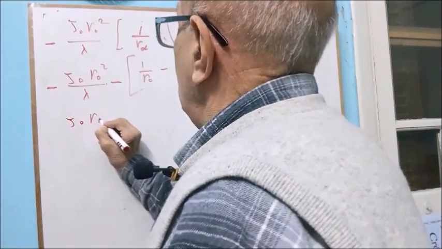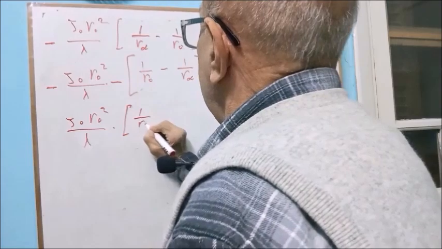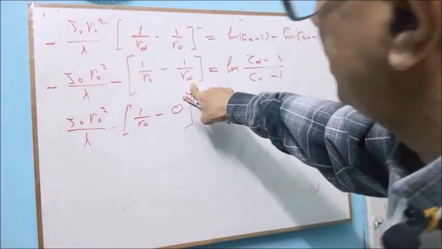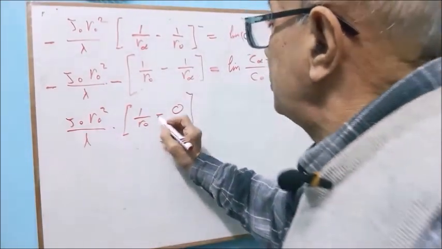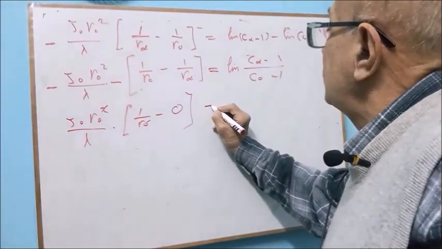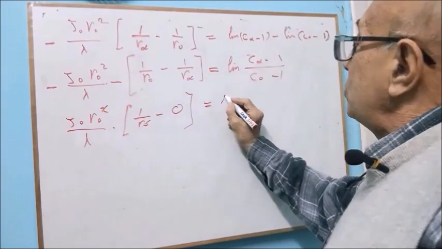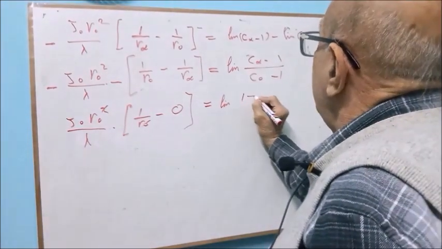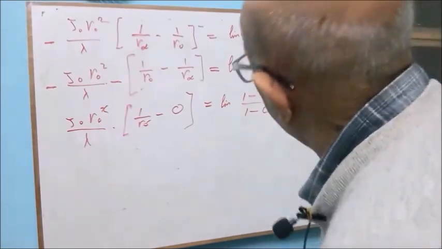So we have here J0 R0 squared over lambda into 1 over R0 minus 0. R is supposed to be a very large distance approaching infinity, so this is R0. So here J0 over lambda equals, now we can multiply the numerator and denominator by minus, we'll have ln of C infinity... then 1 minus C infinity over 1 minus C0.